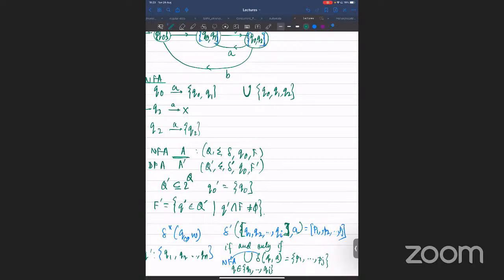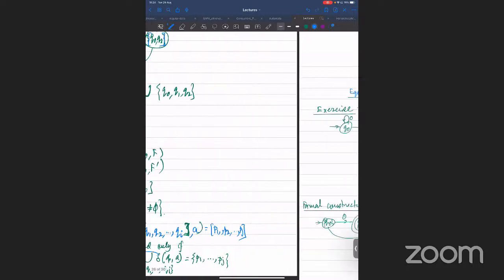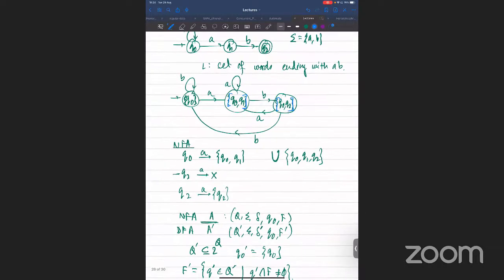Okay, so just take a look at this for a moment. What are we doing? The idea is the following. There is some set of states which you have reached starting from Q0.